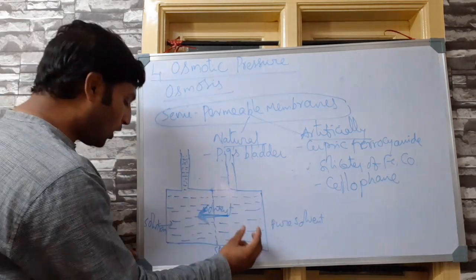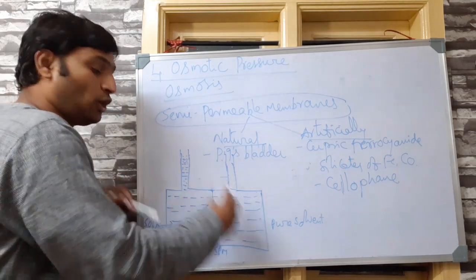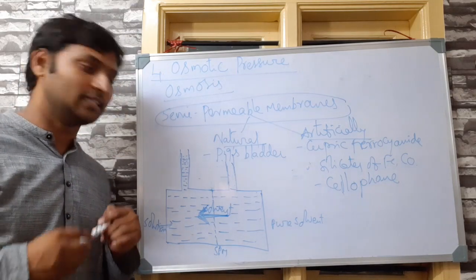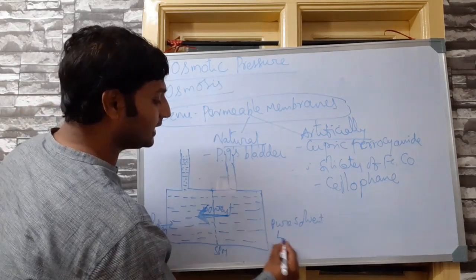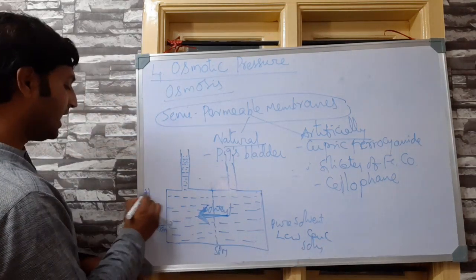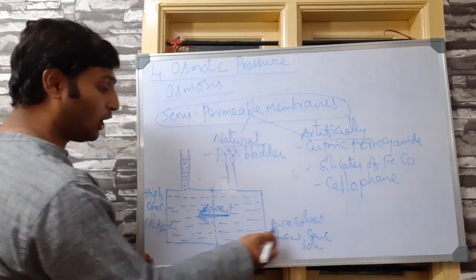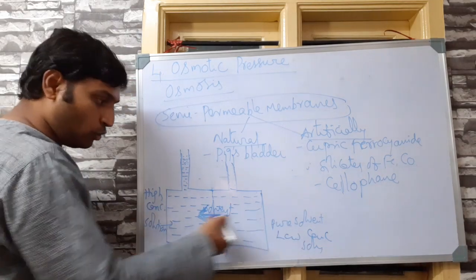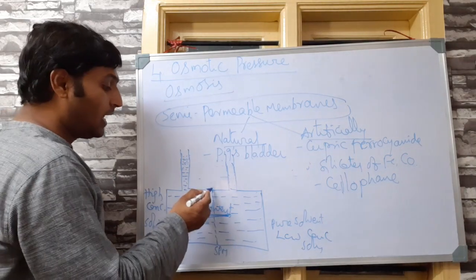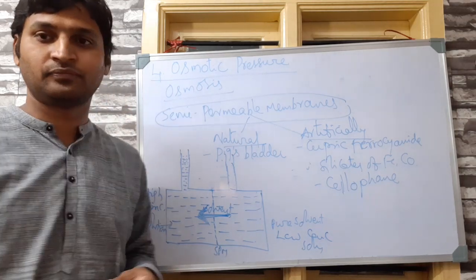Not only a solvent and a solution separated from each other, even two solutions with different concentrations separated from each other, say this side a low concentration solution and this side a high concentration solution, the solvent keeps moving from the low concentration solution to the high concentration solution when separated by a semi-permeable membrane.